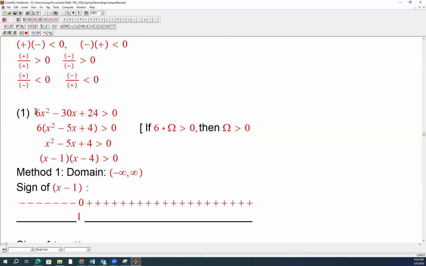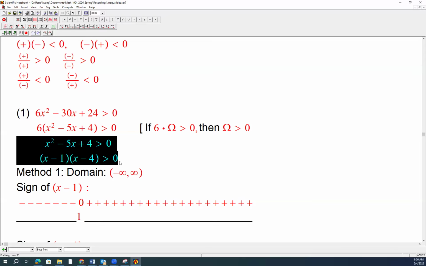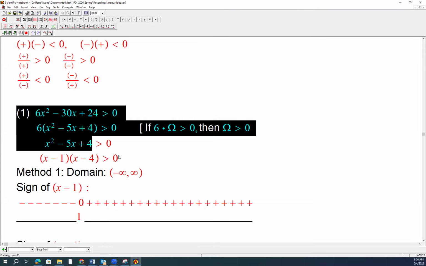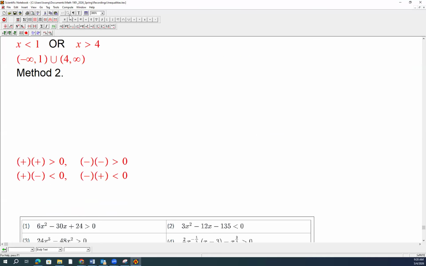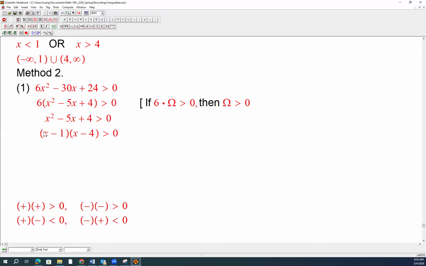The intention is for you to see that when we solve this inequality, I'm going to copy the whole thing. After we get here, we're going to see this piece as a function g.